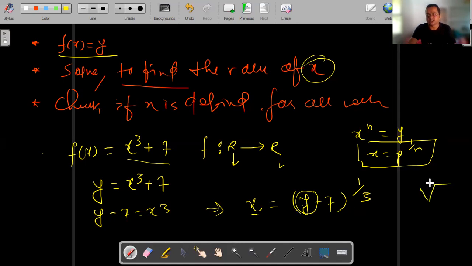The cube root of -8 is -2. So yes, x is defined for all real numbers.